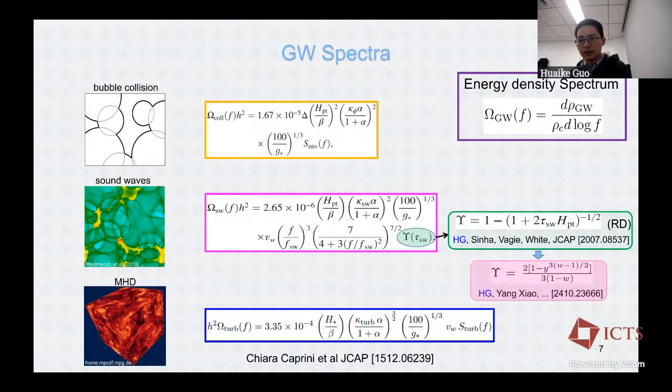Because it's a wave, the energy is distributed into frequency bins on a logarithmic scale. There are spectra for bubble collision, for sound waves, and for magnetohydrodynamic turbulence. People have used these a lot in the past, and these are taken from a review paper by Chiara Caprini and others back in 2015.